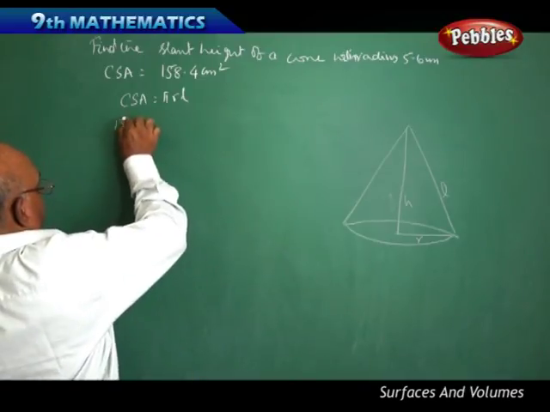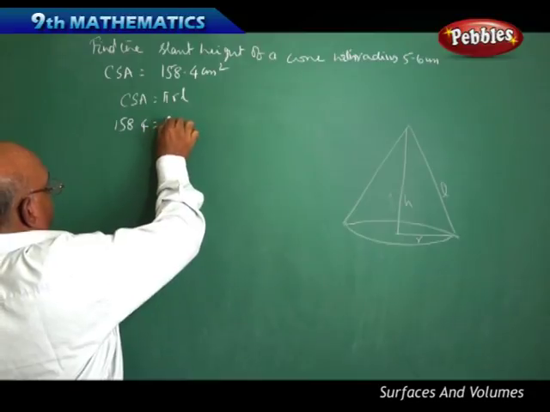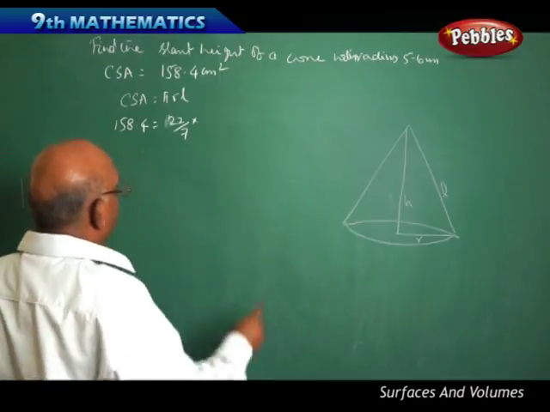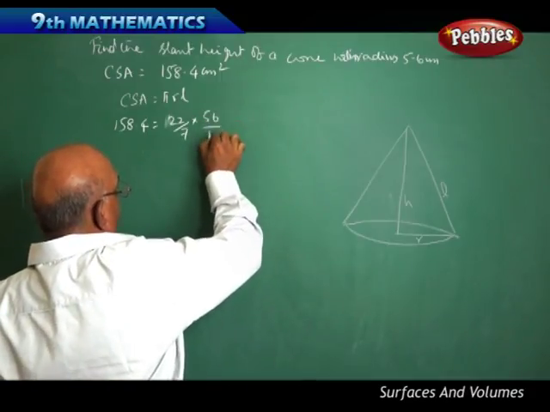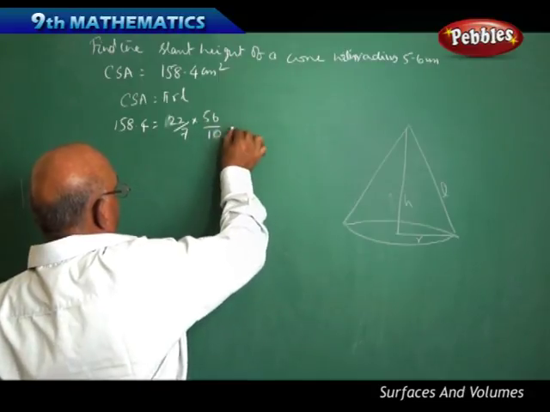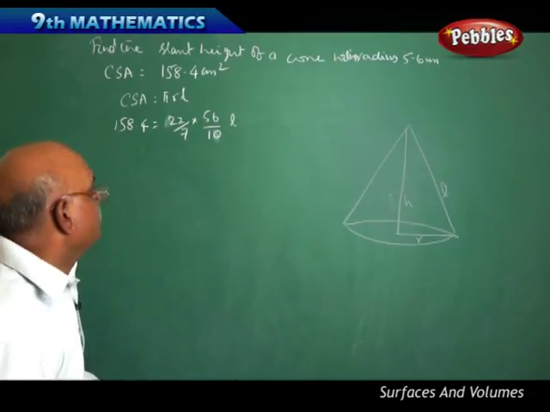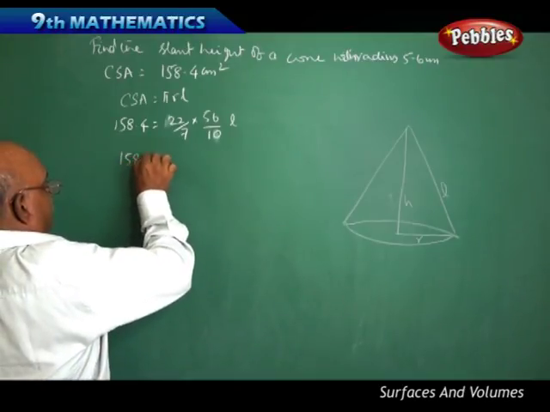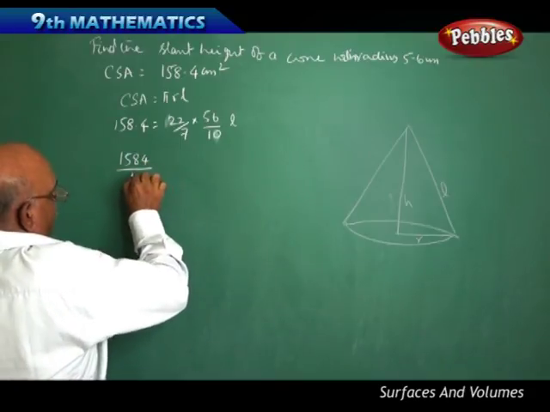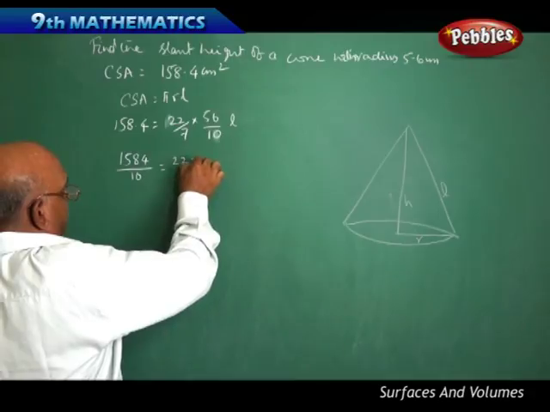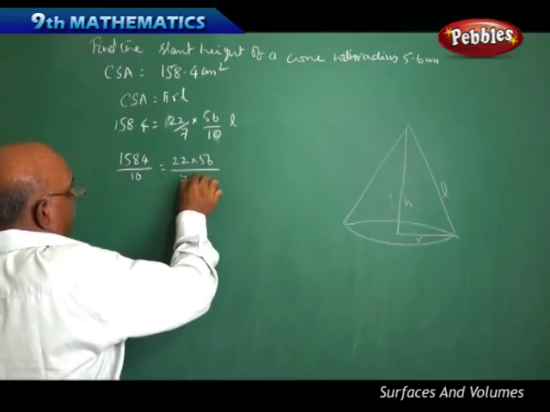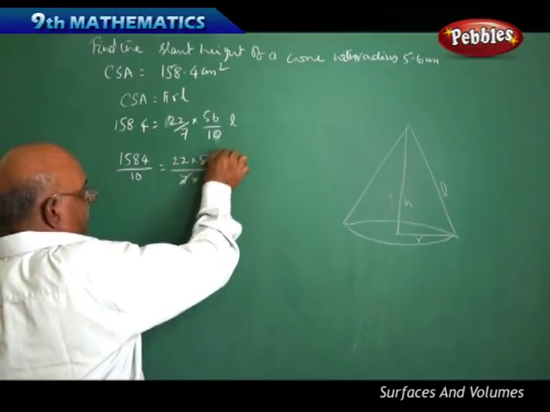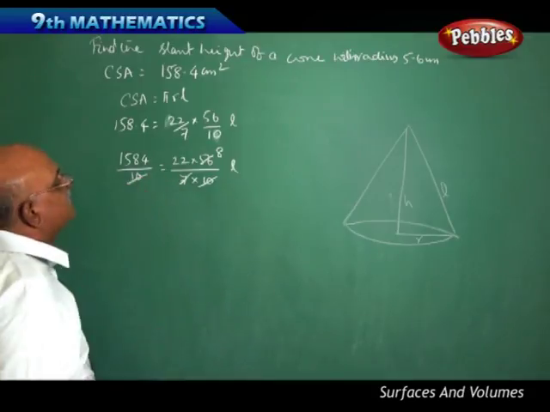Therefore, 158.4 is equal to pi, that is 22 by 7, into the radius 5.6, that is 56 by 10, into L. We don't know what L is going to be. Here you can also write 1584 divided by 10 is equal to 22 into 56 divided by 7 into 10 into L. Therefore, 7 8s are 56, the 10s cancel.